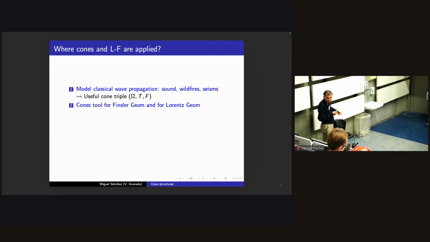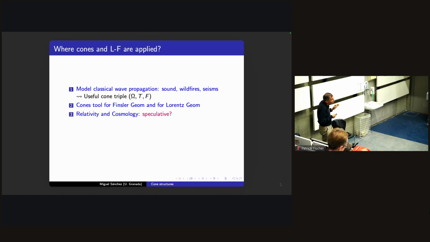For Finsler metrics, because of the desingularization that I mentioned on Finslerian structures. And for Lorentz metrics in relativity, because there are some notions, such as the wind in Kerr space-time, that properly are described by using Finsler metrics.